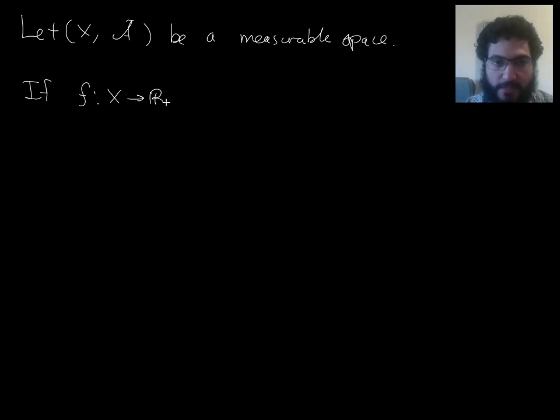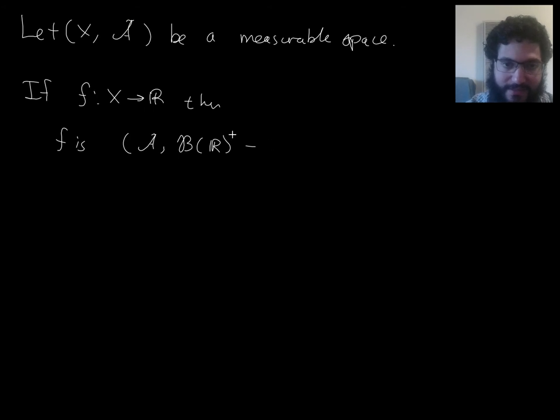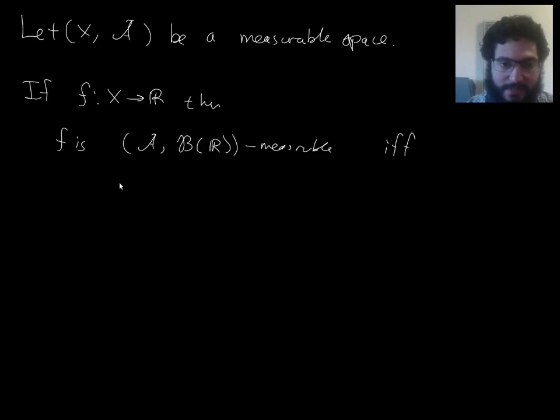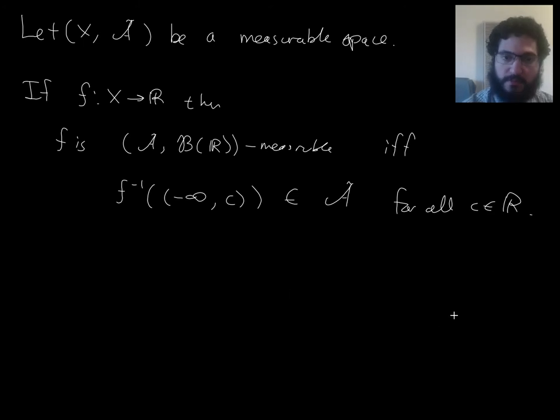Then if you have a function f from X to R, so real valued, then f is (A, Borel sigma algebra on R) measurable, and let me be clear about what I mean by measurable, if and only if the preimage of any one of these kinds of Borel sets is a measurable subset of X. So if and only if the preimage of this kind of thing is in fancy A, for all c.